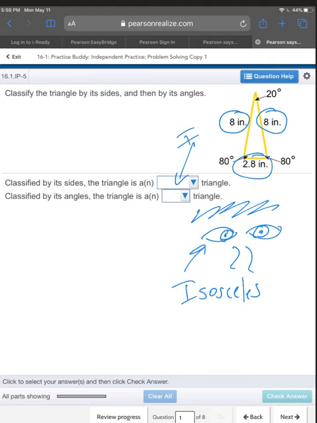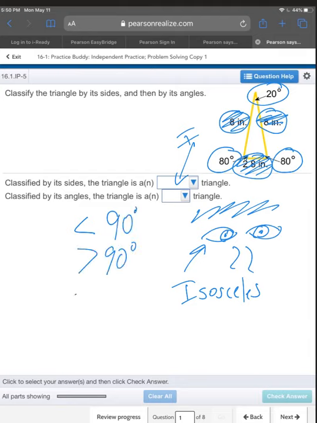Okay. The next part is by its angles. I have one angle that's 80 degrees, another angle that's 80 degrees, and another angle that's 20 degrees. All these angles I have to think about: are all the angles less than 90 degrees, greater than 90 degrees, or equal to 90 degrees?